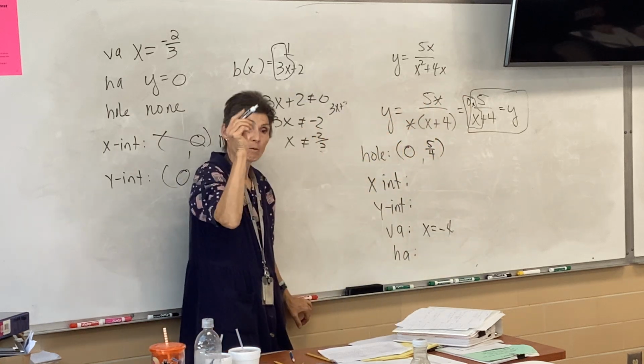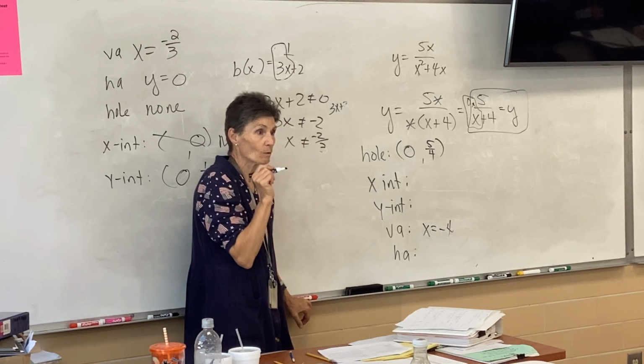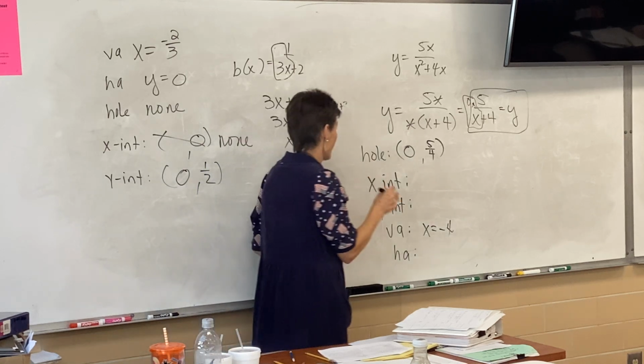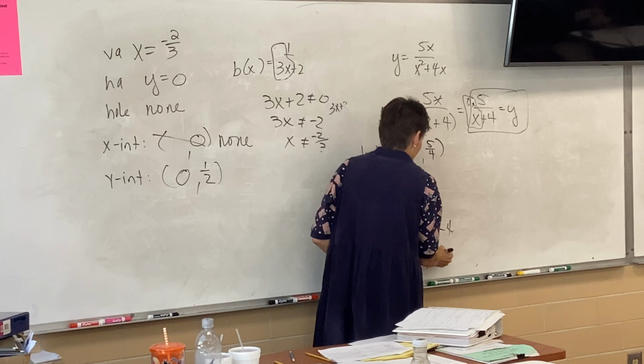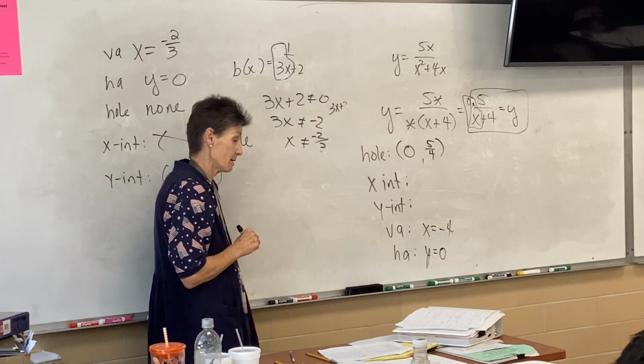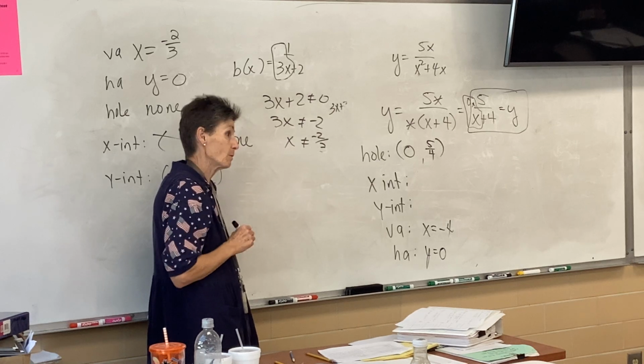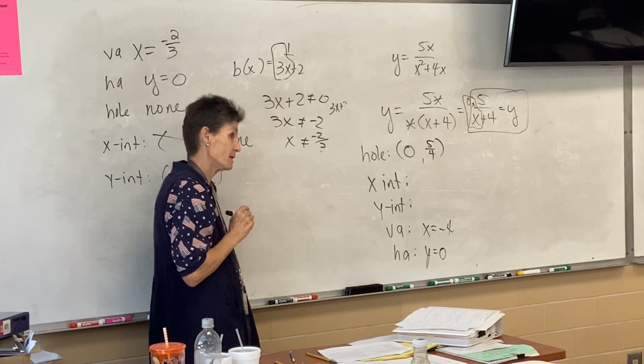I get 0 over 1, which is not undefined. 0 over 1 is 0. If the top power is littler than the bottom, it's always going to be 0. If the bottom power is littler than the top, it's always going to be undefined.